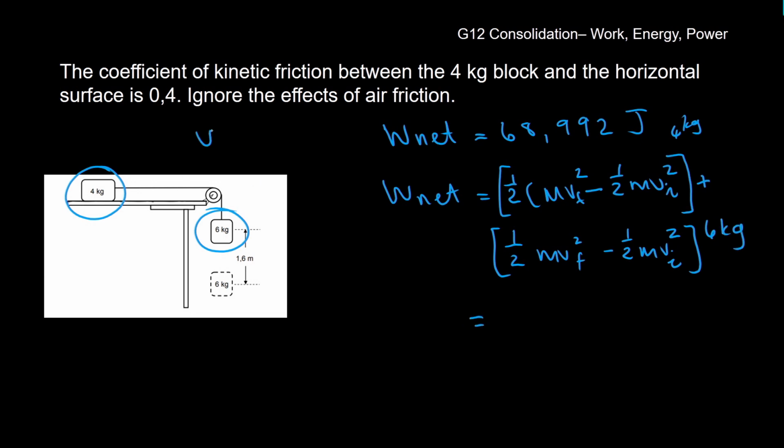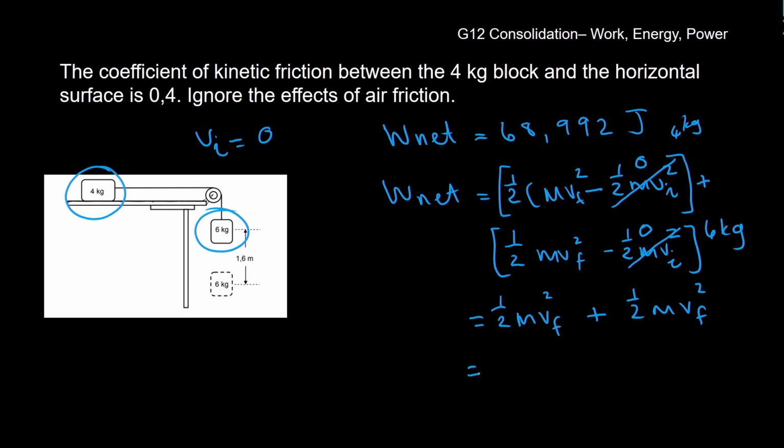For our v initial, both of them are at rest, so it's equal to 0. So this whole term here is going to be 0. It falls away because our initial velocity is 0. And so we end up with a half mv squared final for the 4 kilogram block, plus a half mv squared final for the 6 kilogram block.